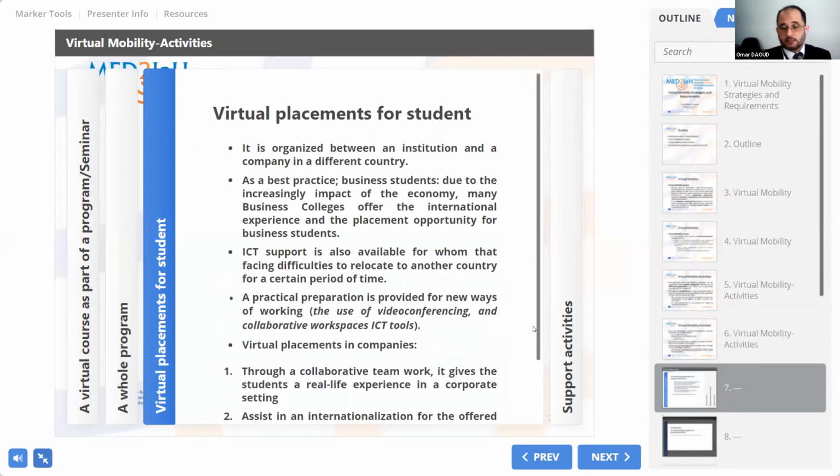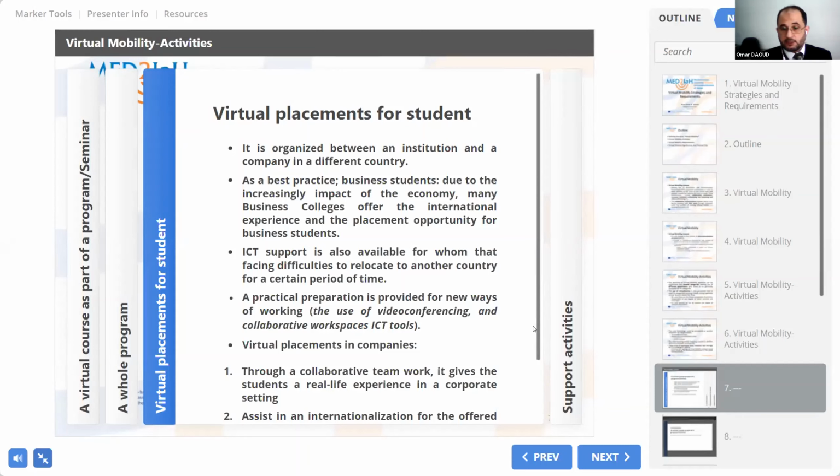As a best practice, business students, due to the increasing impact of the economy, are offered by many business colleges international experience and placement opportunities. Also, ICT support is available for those facing difficulties relocating to another country for a certain period of time, such as visa limitations.